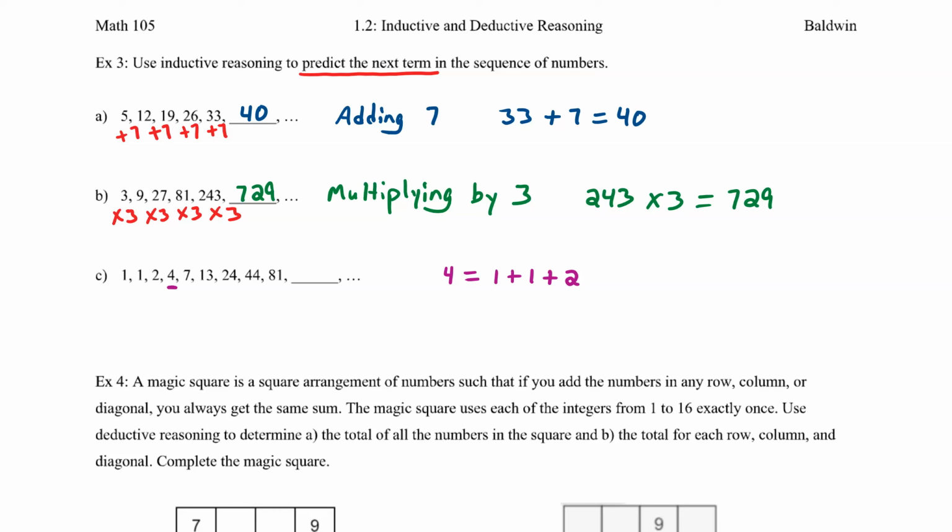So we're using the 3 terms that are in front of it. Let's see if that could give us a starting point. If we take 7, is 7 equal to the 3 terms in front of it? That would be 1 plus 2, which is 3, plus 4, which is 7. Okay, so with this one, it's a little bit different, but our pattern is the sum of the previous 3 terms.